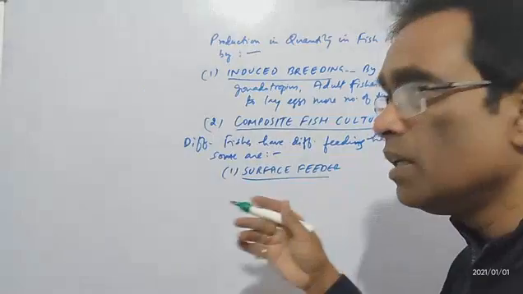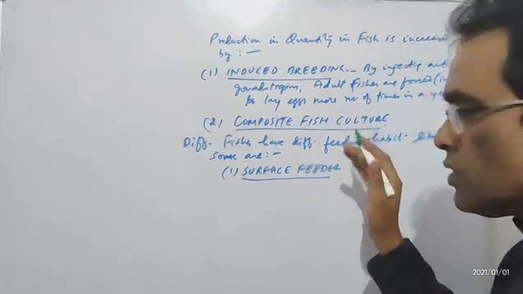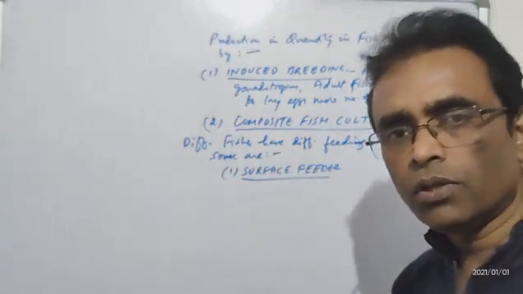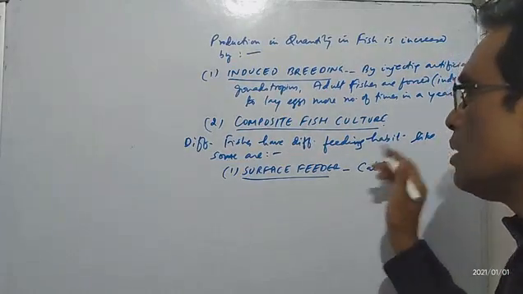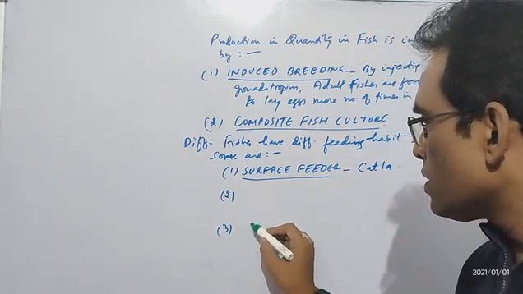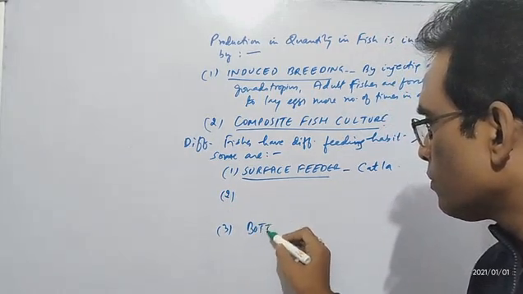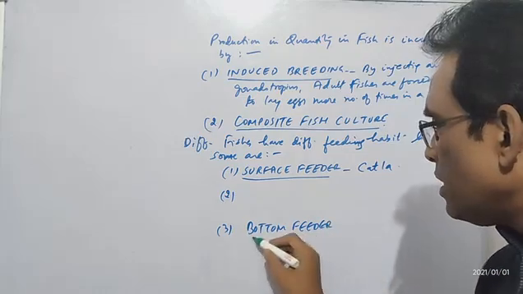They love the exposure to sunlight where the lighted conditions are there. They always remain at the top, like katla. Example. The third one, very simple, you can understand, they are called bottom feeders. Bottom feeders, they like muddy condition.